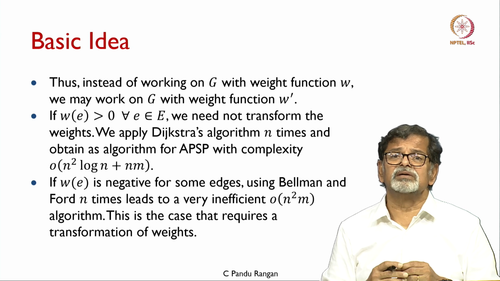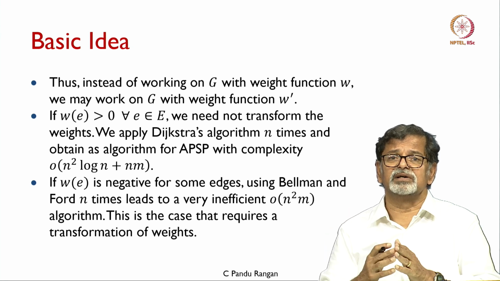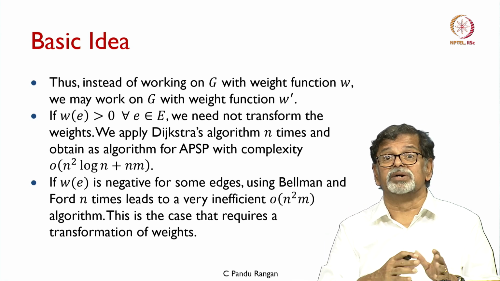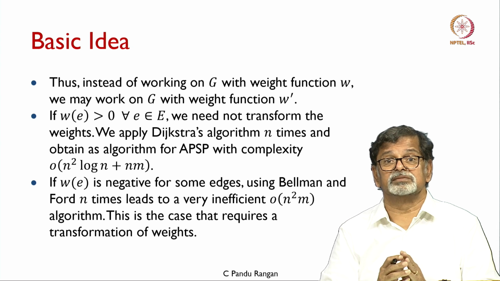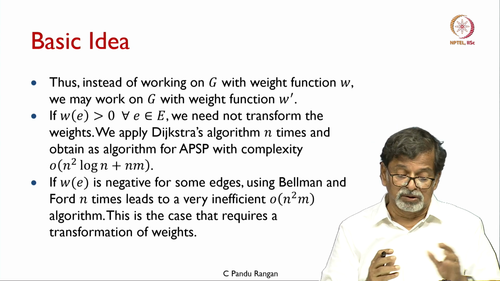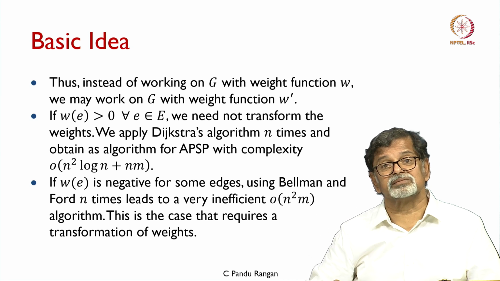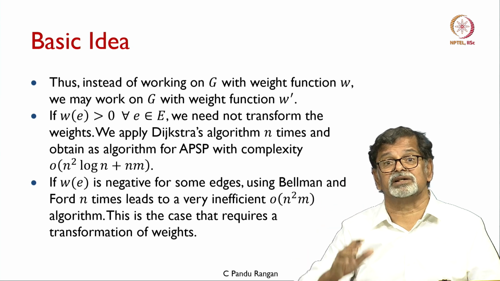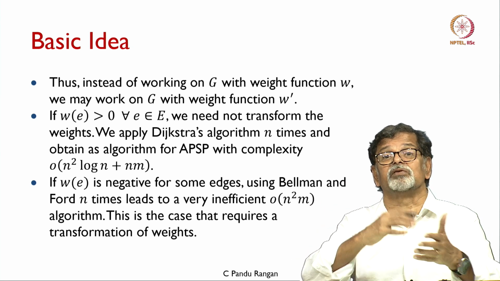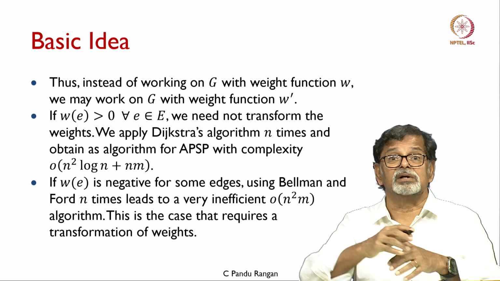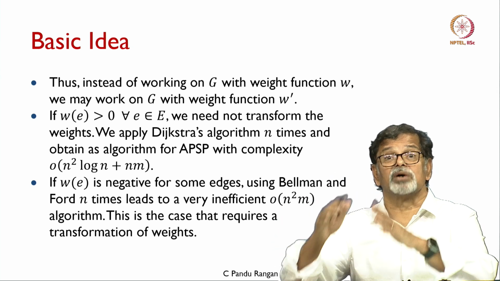So what we do is, we are going to find an h in such a way that w dash is positive for all edges. The transformation is done. So w is a mix of positive and negative values, but w dash is always positive.